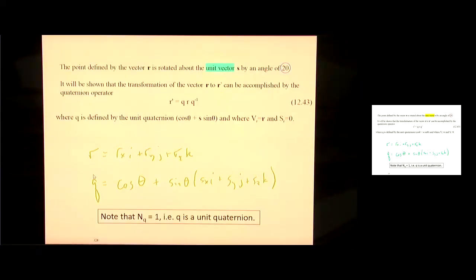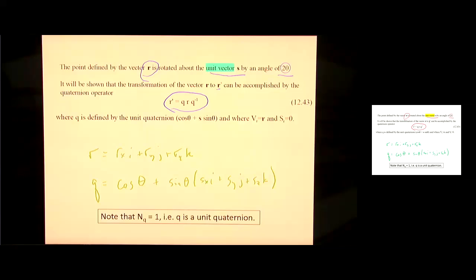Okay, so here we go. This is again what was given. We're given some point R, we know its coordinates, and it's rotated about the unit vector S by an angle of 2 theta. And what we're going to do is make this hypothesis. We're going to say that R is going to move to R prime, where R prime, I sure hope, is going to have no scalar part, and the vector part is going to be the coordinates of that point after it's been rotated 2 theta about that axis through the origin.